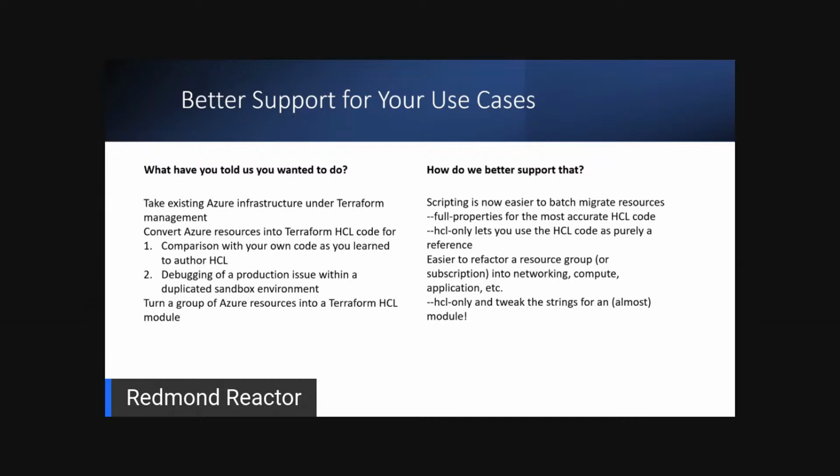Now you can, as I mentioned before, refactor your resource group of subscription into the specific resource types. And you can just tweak your hard-coded strings into variables for an almost module. So we're really happy that we're able to introduce all of this functionality in 0.8 and 0.9.